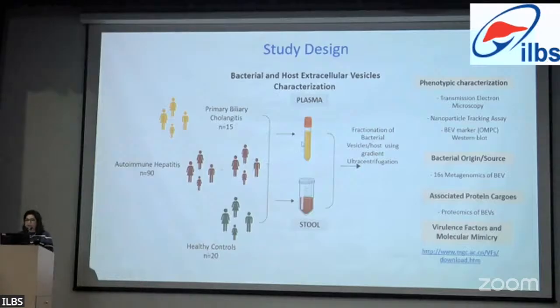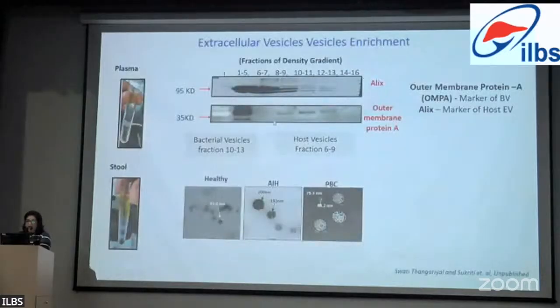We took their plasma as well as the stool and fractionated both bacterial as well as the host extracellular vesicles, identified them phenotypically, identified their bacterial origin, cargoes, and their associated protein cargoes, and further virulence factors. So this is the identification and the fractionation of the plasma extracellular vesicles, as well as stools.